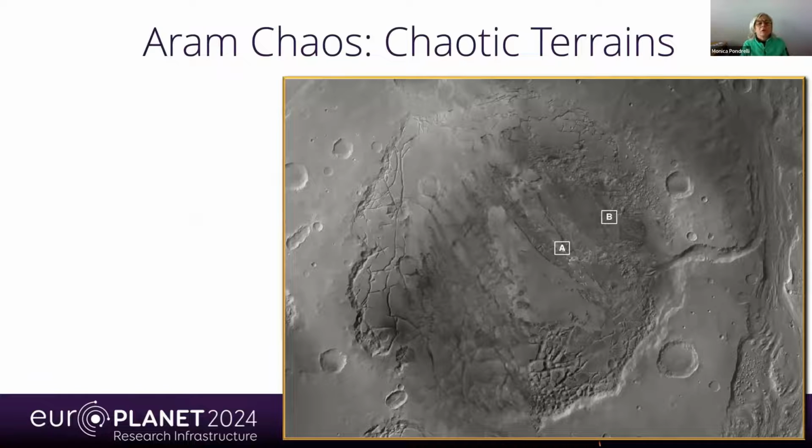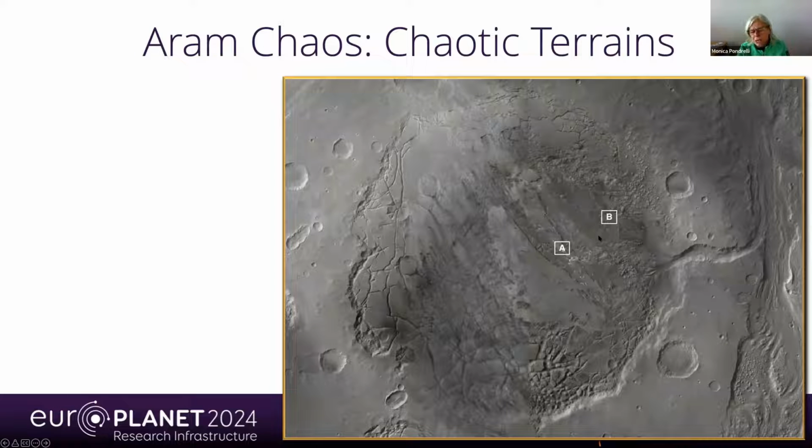Yesterday we were working on Arabia Terra and chaotic terrain, as the name clearly suggests. We have these chaotic terrains, we have an outflow channel here. The area is huge.